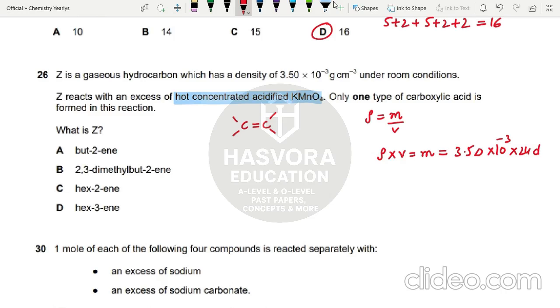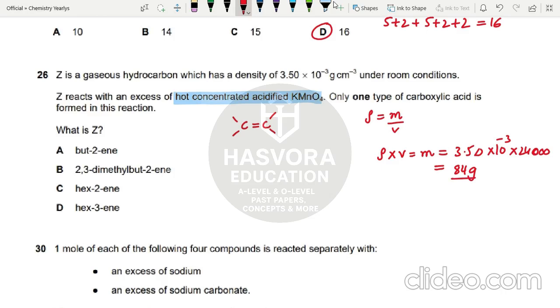They have given the density in cm³, so we have to convert this dm³ into cm³, which becomes 24,000 cm³. Now we get the answer as 84 grams. So 1 mole of this compound is actually 84 grams.